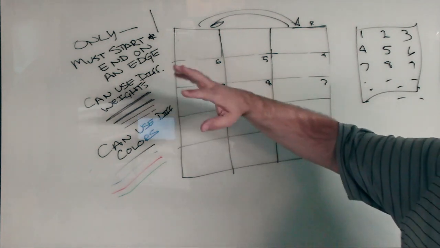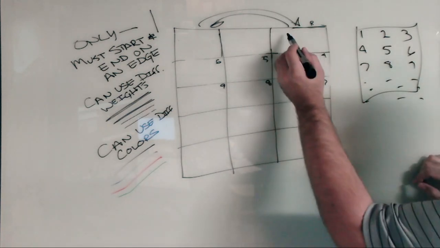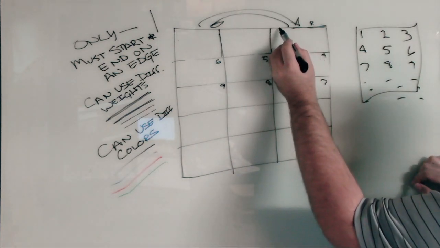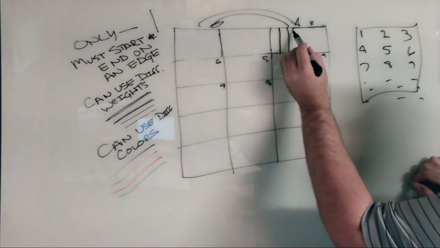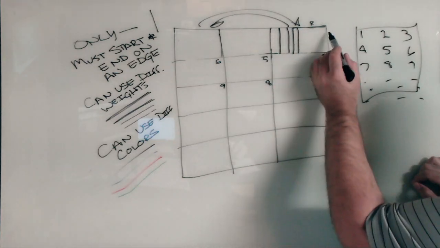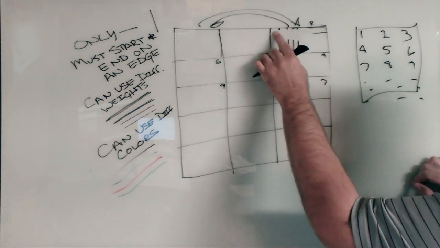So rules, only straights. So I can only do lines that go up and down. So I can come across here and I can go like this. I used black. I should have used a different color just to make it easier.